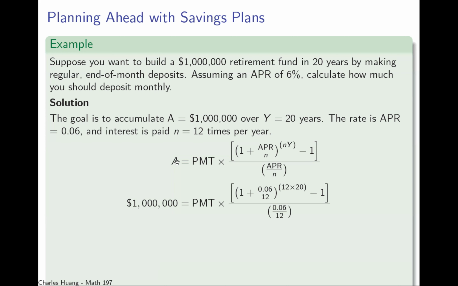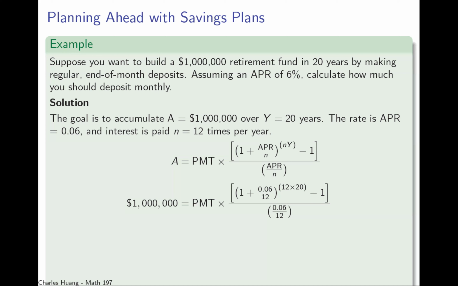But we do know that at the end, we want $1 million. Everything else is roughly the same as what we have been doing. APR 6%, we change that to decimal form 0.06. We are doing this monthly, so N is 12, and then we are trying to do the accumulation over 20 years, so Y is 20.